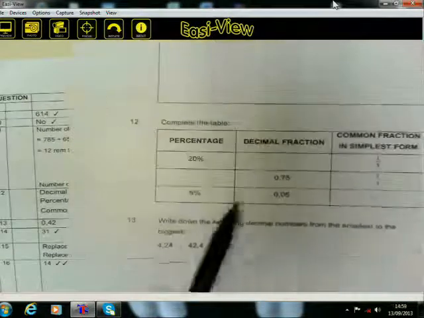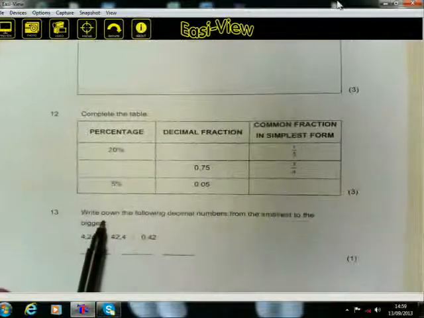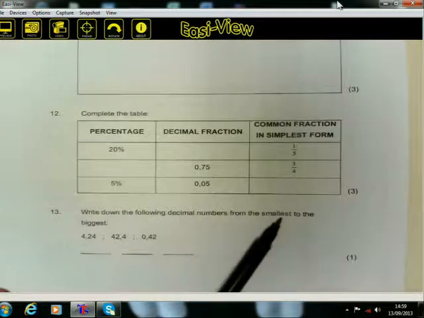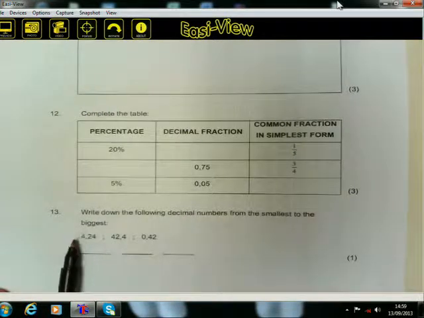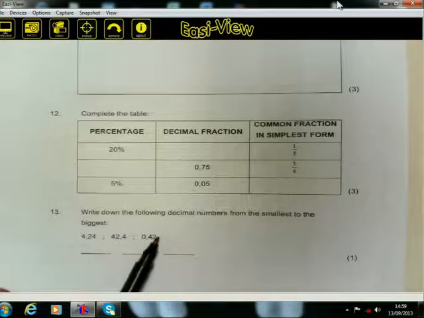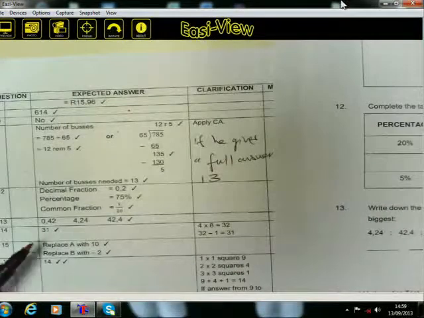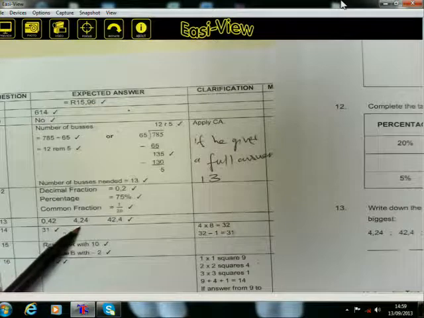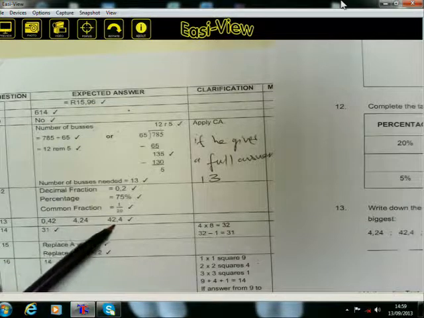And then we go to this one now, number 13. Write down the following decimal numbers from the smallest to the biggest. You see there, learners must write them from the smallest to the biggest, and then the answer is straightforward. 0.42, the smallest, 0.24, and then 42.4.